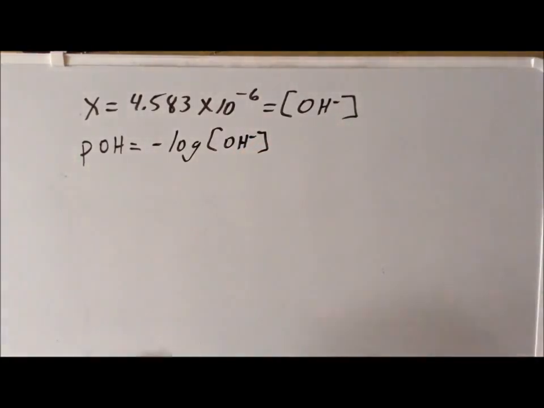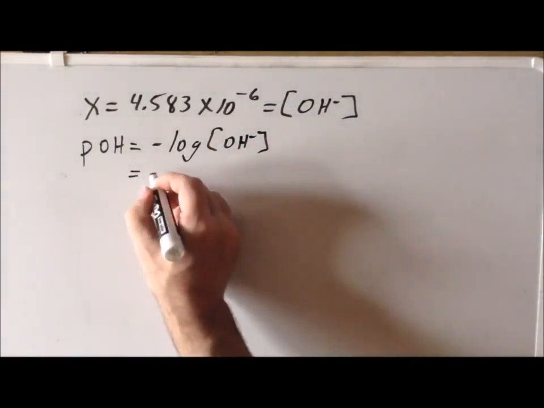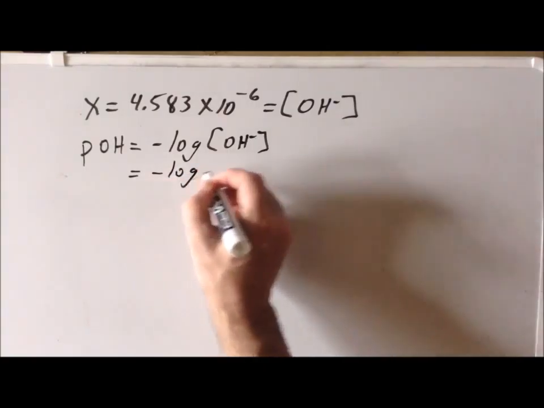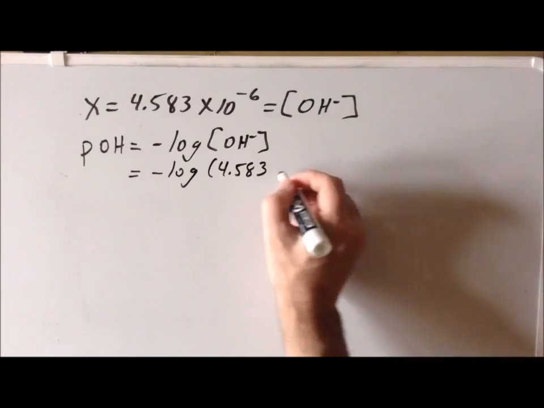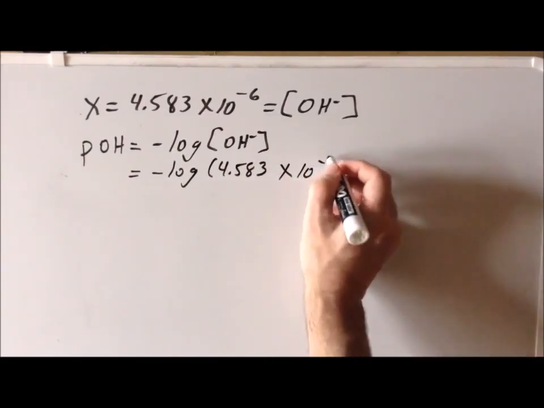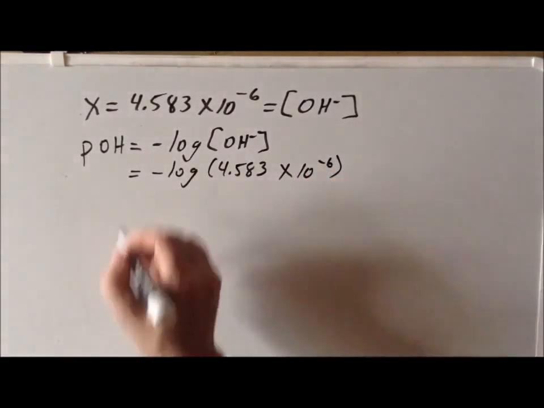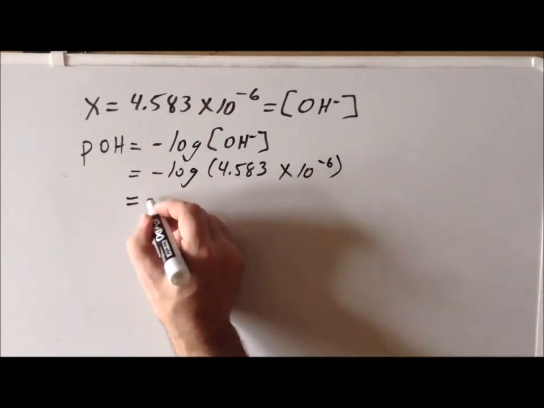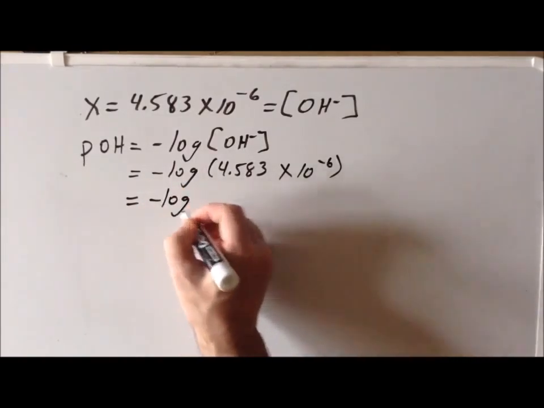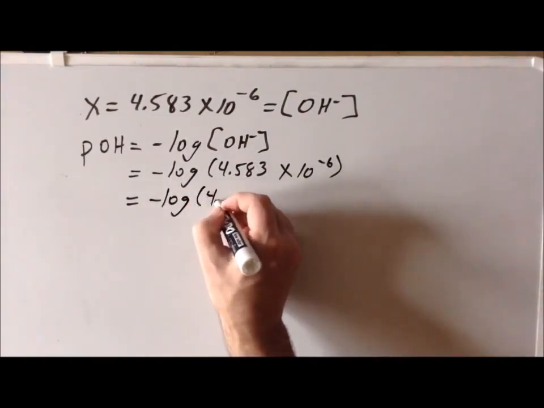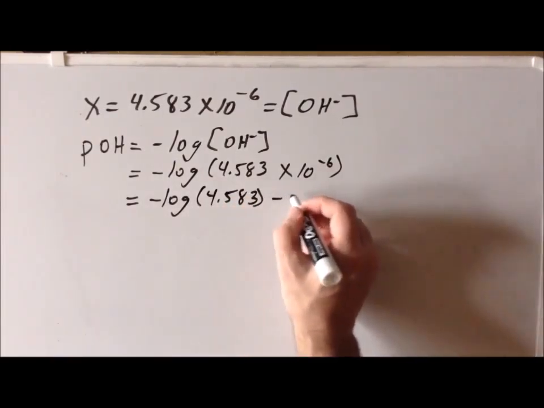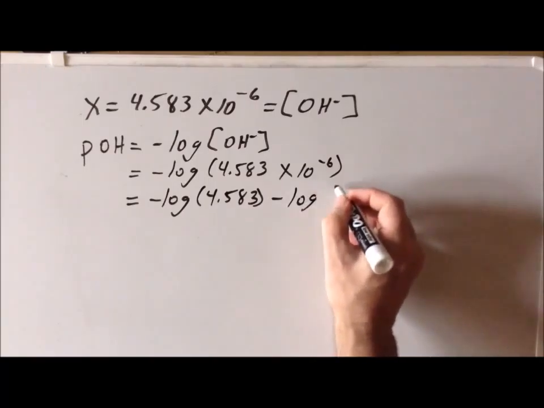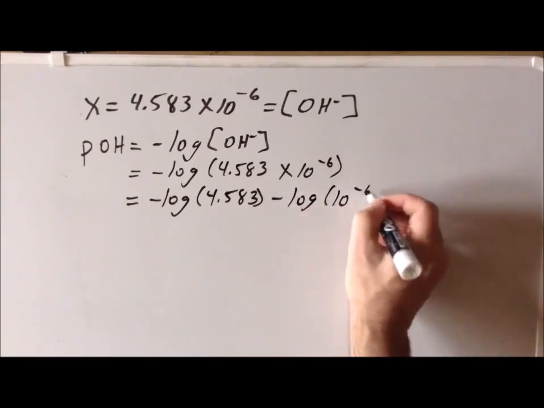So in this particular case, it's going to be the negative log of 4.583 times 10 to the minus 6. As we have done previously, we can break this up into two logs. We have minus the log of 4.583 minus the log of 10 to the minus 6 power.